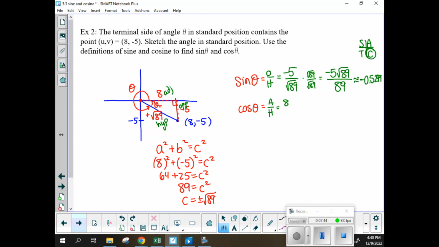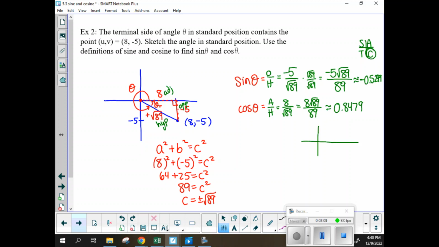Cosine, very similar, but watch what happens here with the plus or minus signs. Now we just have 8 over the square root of 89, or 8 times the square root of 89 over 89. Reduce it if you can, but you can't with that particular one. But we could get a decimal approximation, again, just to think about what the graph looks like, that curve. About 0.8479 if we were to graph this.